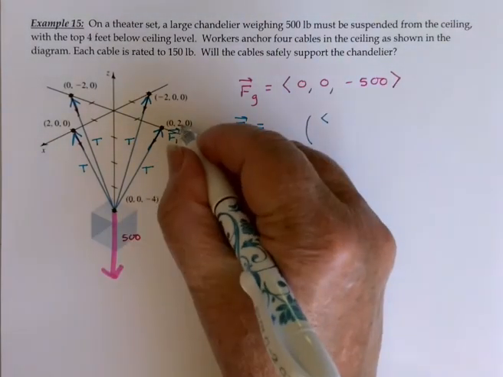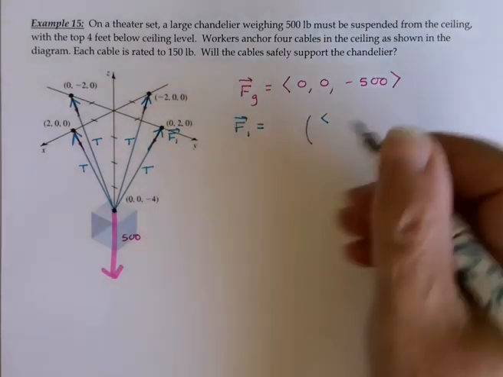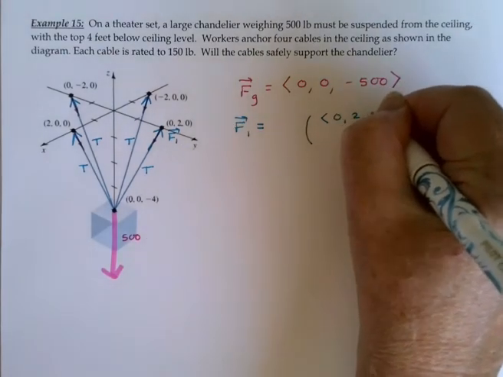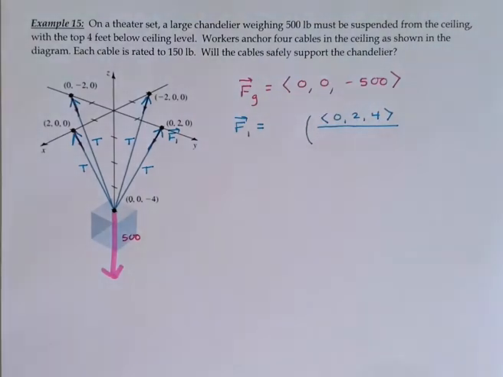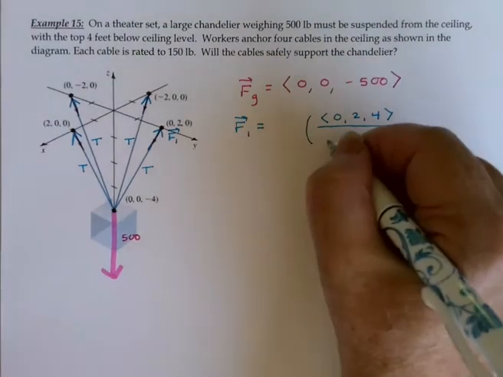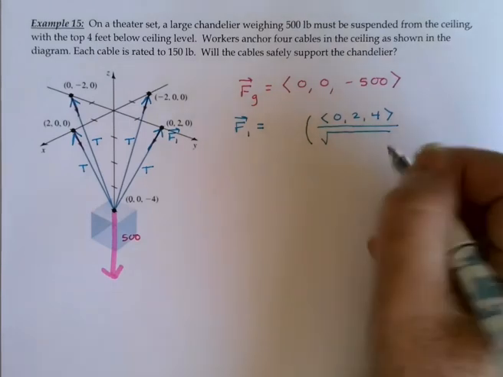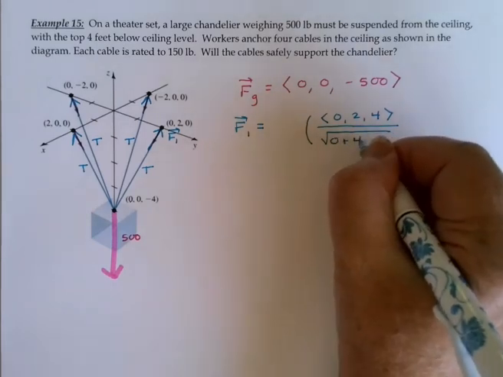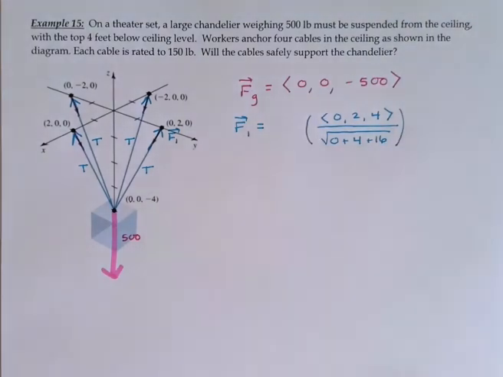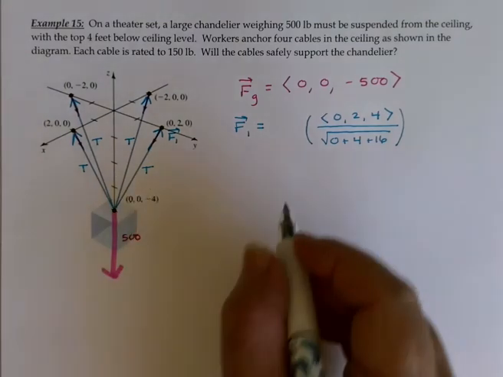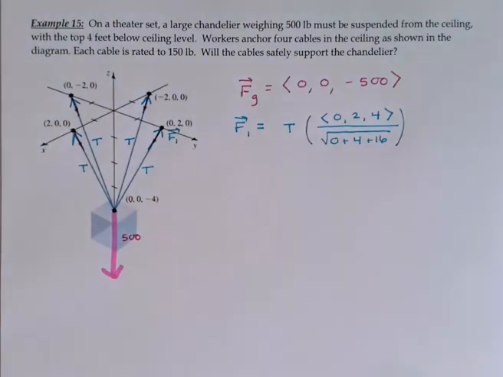That would be 0, 2, positive 4. I'll divide it by its magnitude. The square root of 0 plus 2 squared is 4, and 4 squared is 16. So there's a unit vector in the correct direction. And then I'll just multiply that by capital T.